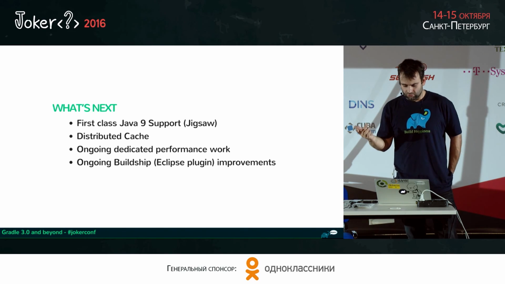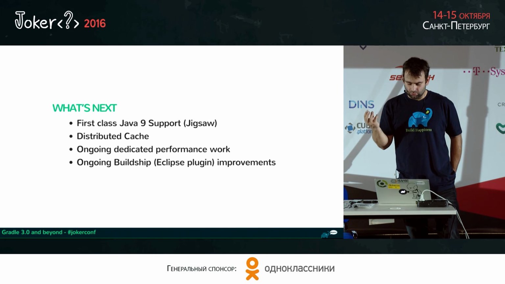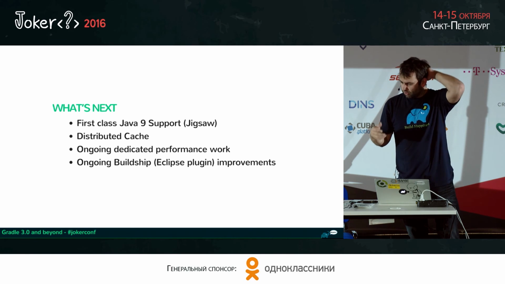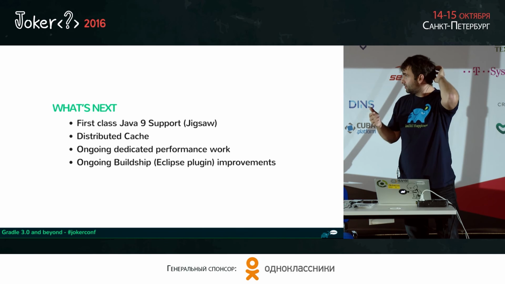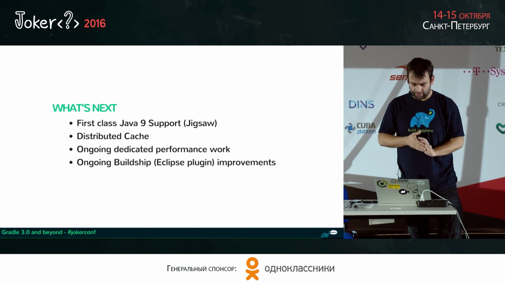You can do things like declare your API and your implementation, and the build now respects that. So you can't compile against a private API or something like this.